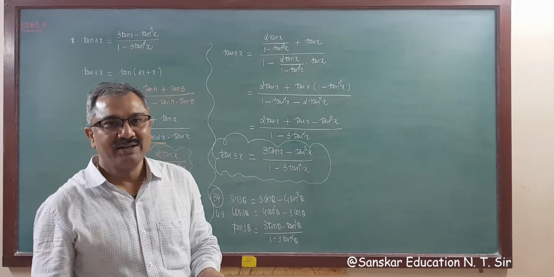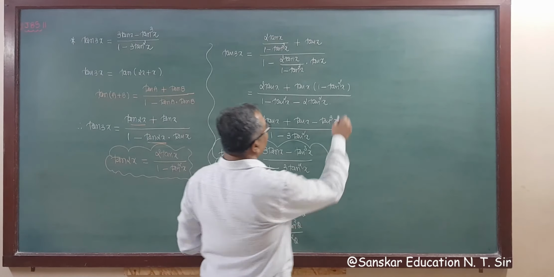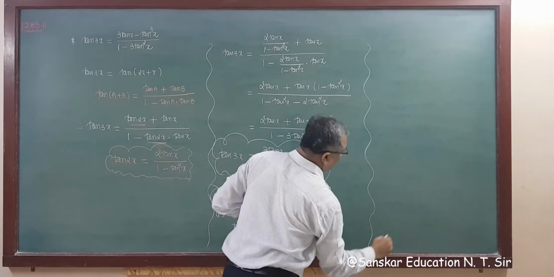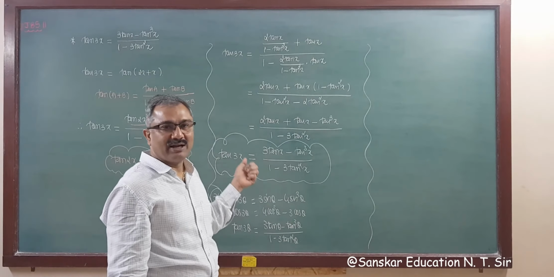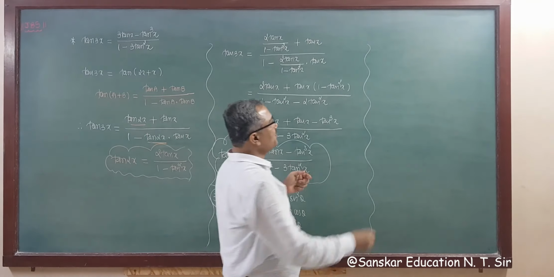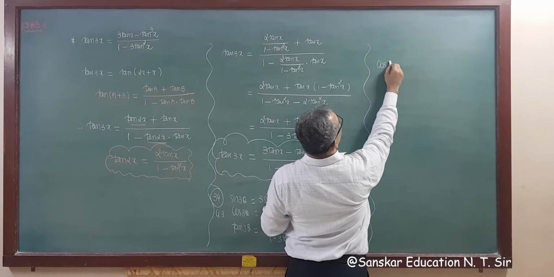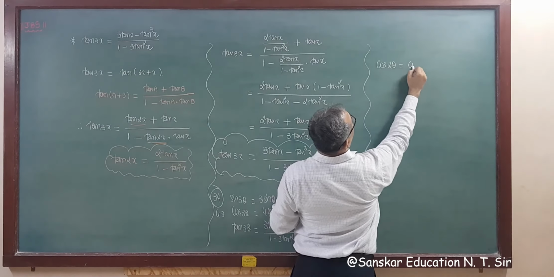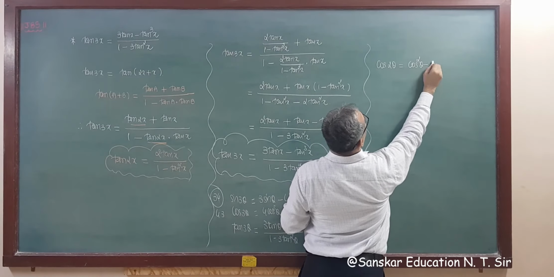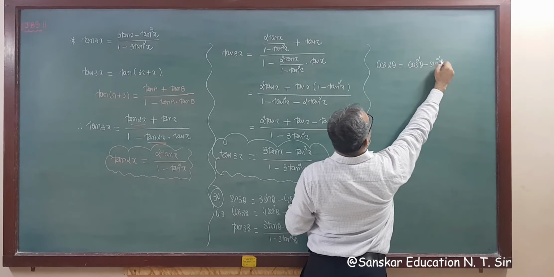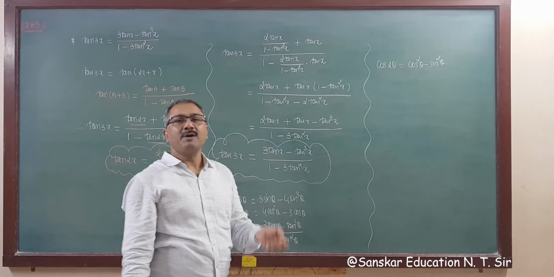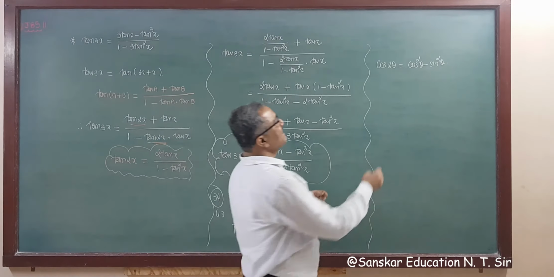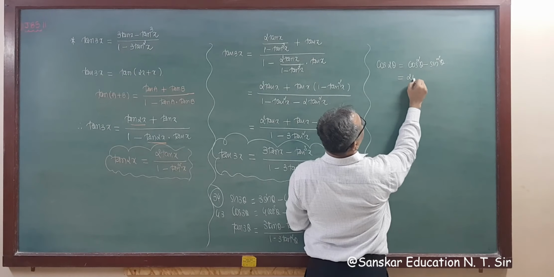So these are the formulas for 3 theta, right? Similarly, for 2 theta, just to recall all formulas, because these are all important formulas. For 2 theta, first cos 2 theta is cos square theta minus sin square theta. In terms of all cos, this is 2 cos square theta minus 1.